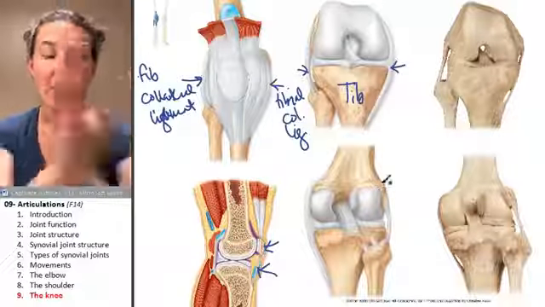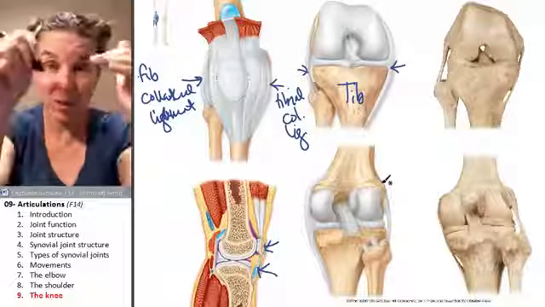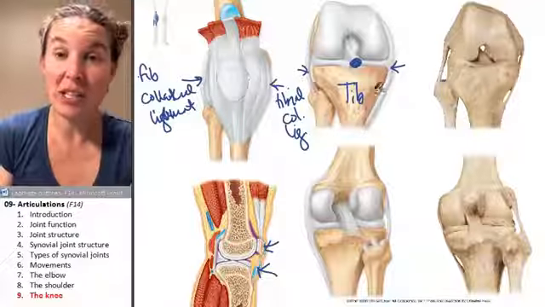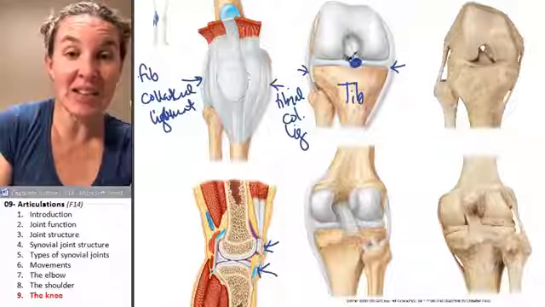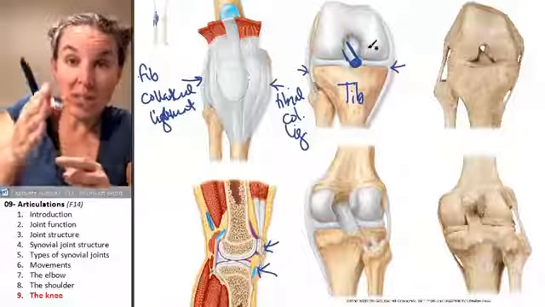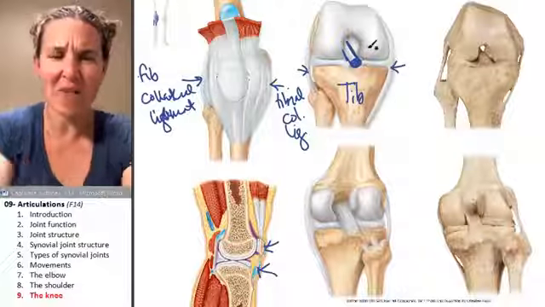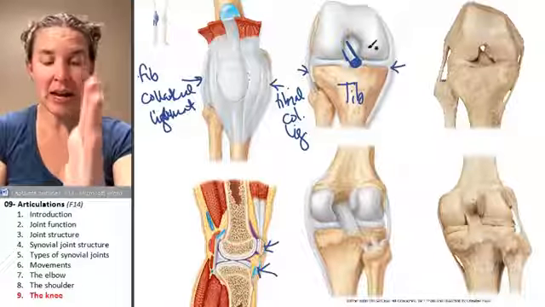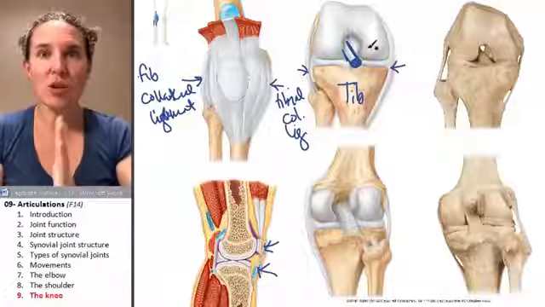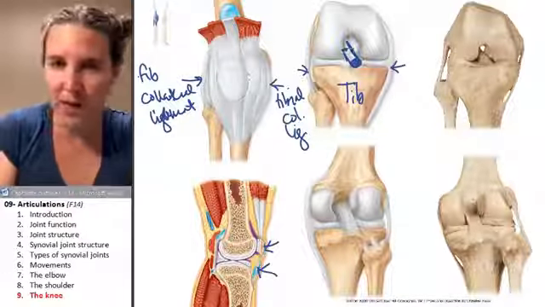The cruciate ligaments form a cross between the tibia and the femur. And the anterior cruciate ligament attaches to the anterior side of the tibia and then crosses posteriorly and attaches to the posterior side of the femur in kind of a middle plane in a sagittal plane on the knee. Do you follow that?